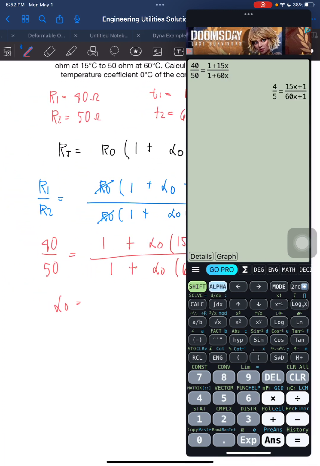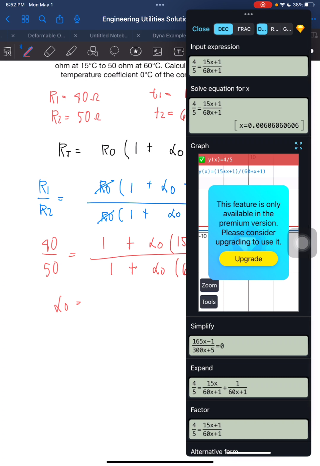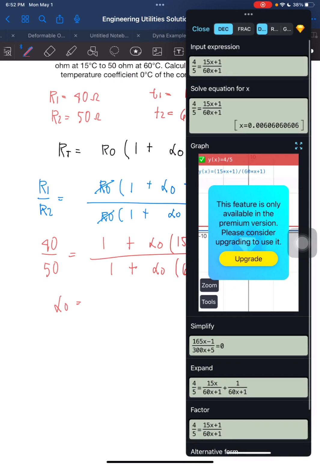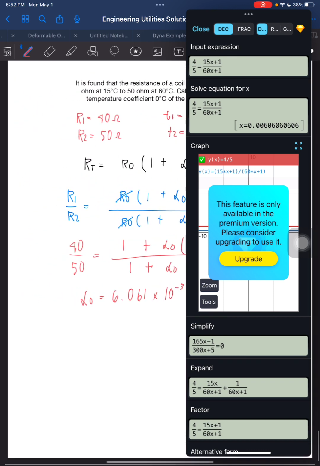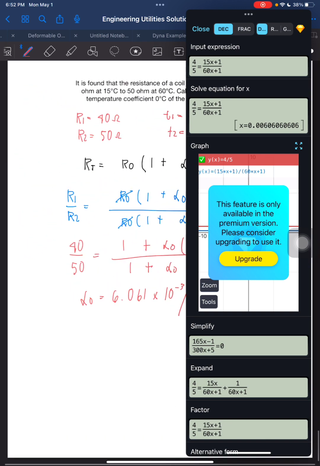Ang ating x ay 0.0060, or equal to 6.061 times 10 raised to negative 3. Ang ating label ay per degrees Celsius. Ito yung final answer.